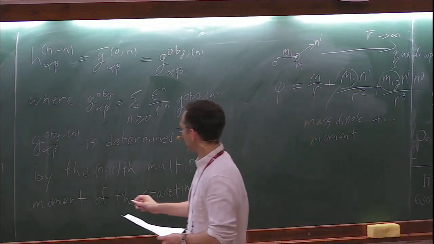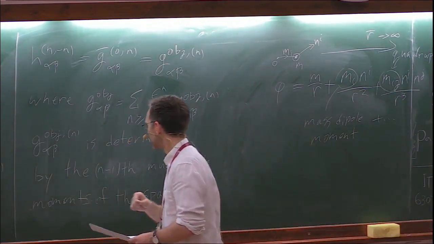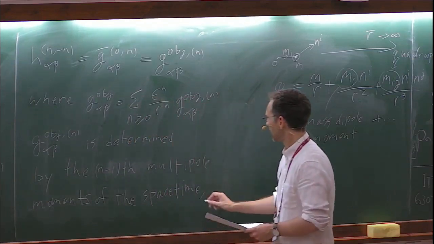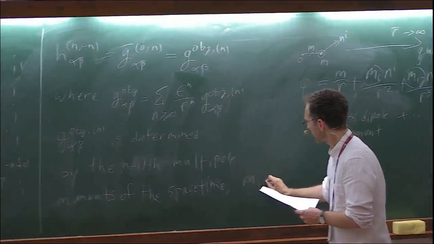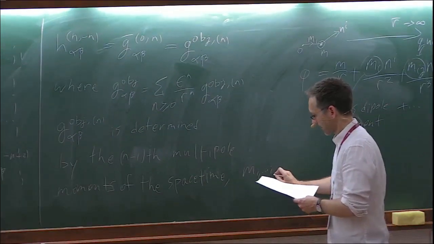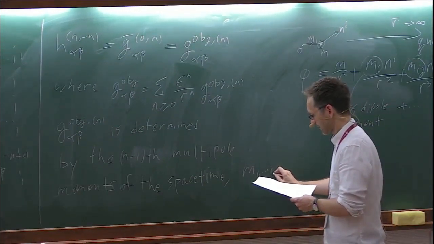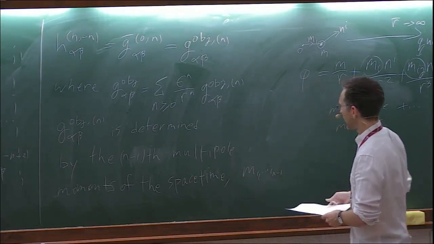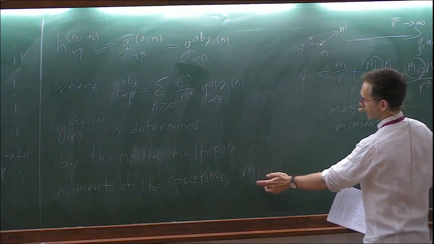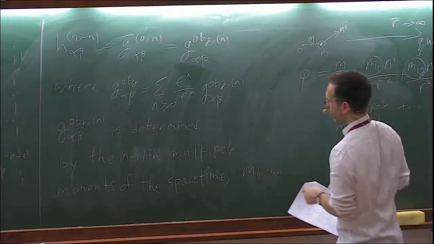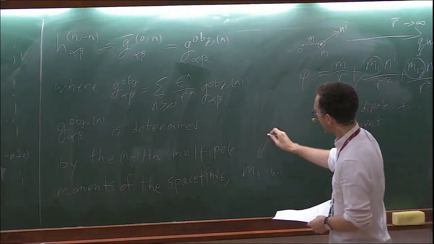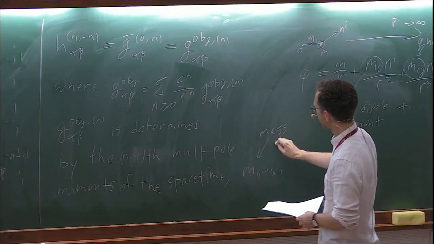So rather than multiple moments, I should say multipole moments. We have mass moments that have n minus 1 indices for the n minus 1th moment. So these are the mass multipole moments.